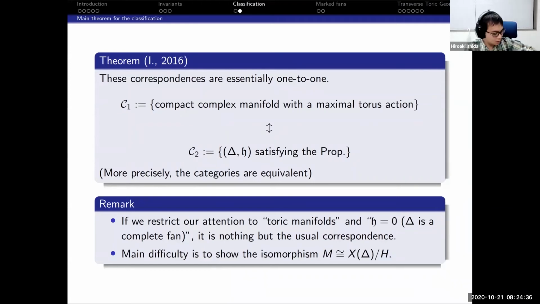Okay. So we can classify all complex manifolds with maximal torus actions in terms of combinatorial objects.